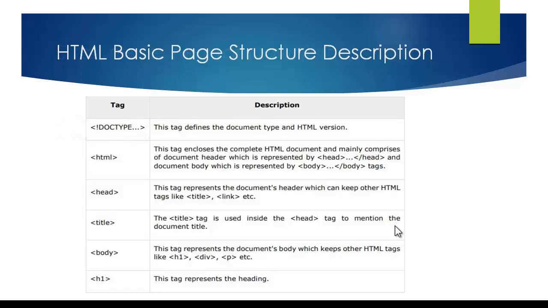HTML basic structure definitions are as follows. The doctype tag defines the variant; it will show you that it is the HTML5 variant. Then HTML is our whole code enclosed within HTML tags, and then the body tag contains different kinds of things like headings, paragraphs, images and links.